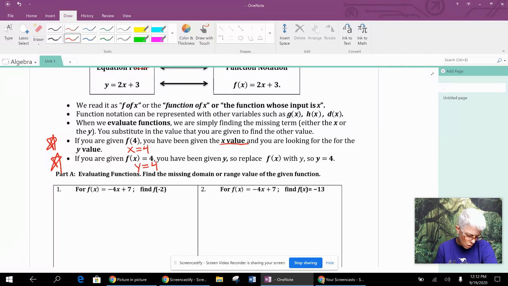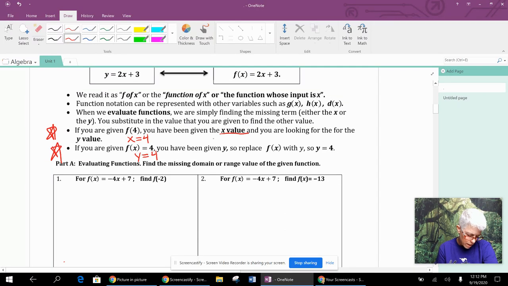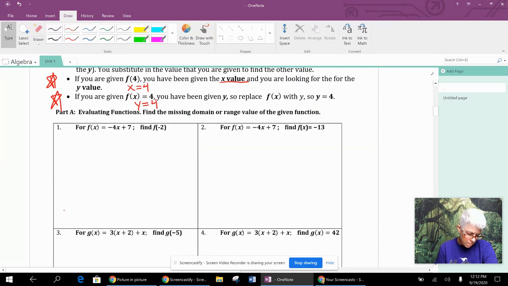Okay, so let's go ahead and look. I'm not going to do all of these for time, but here's an equation. I could even rewrite it like this. And then they give me this. And so you have to say, did they give me X or did they give me Y?